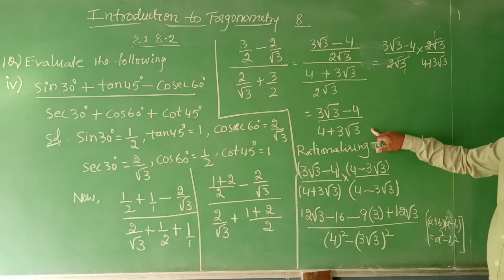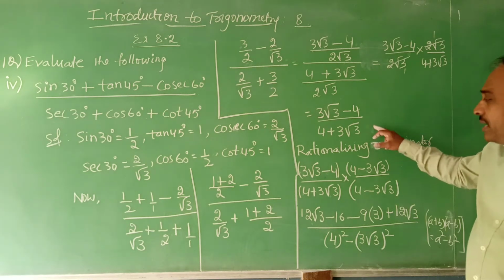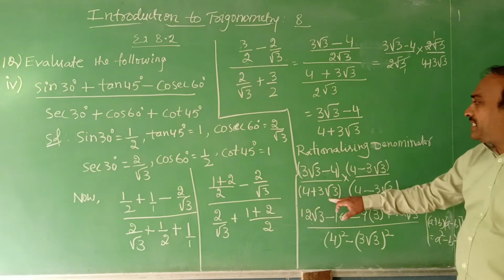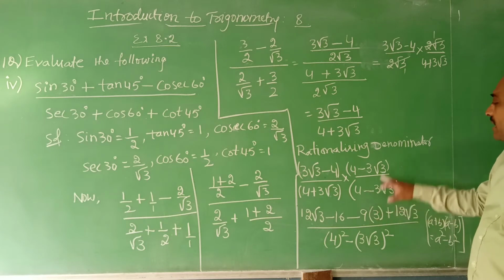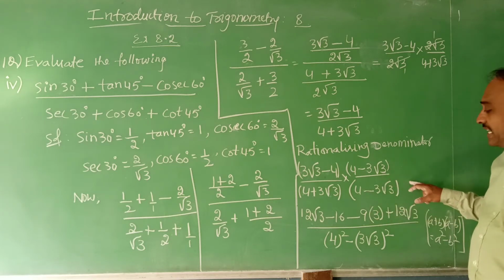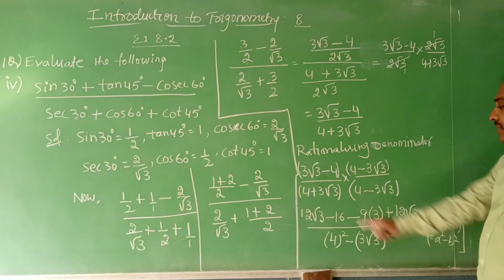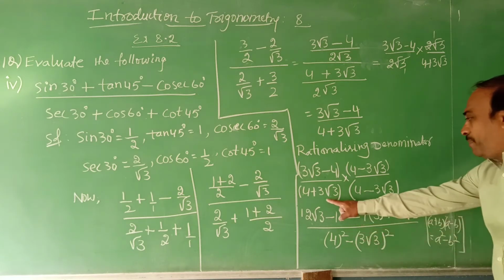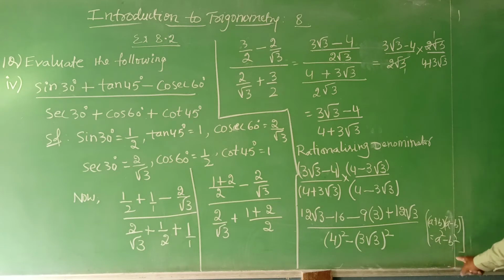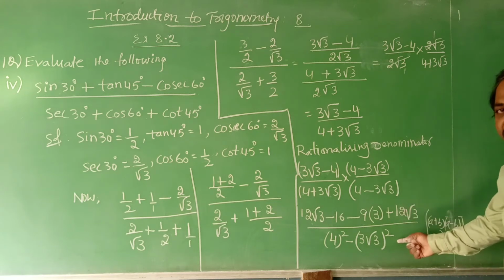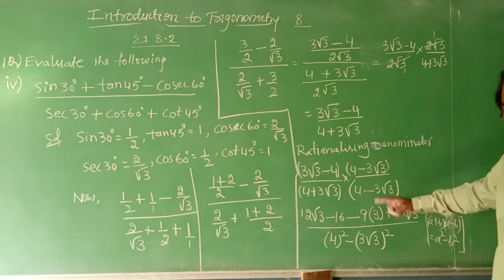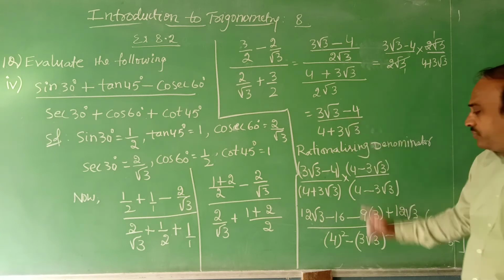This is the irrational part we have in the denominator, so rationalizing the denominator, we multiplied 4 plus 3 root 3 with 4 minus 3 root 3, both numerator and denominator. Finally we got 4 square minus 3 root 3 whole square, using a plus b into a minus b equals a square minus b square. And still we have to simplify this. I hope till here you understood. Is it clear to you? We will continue this part.